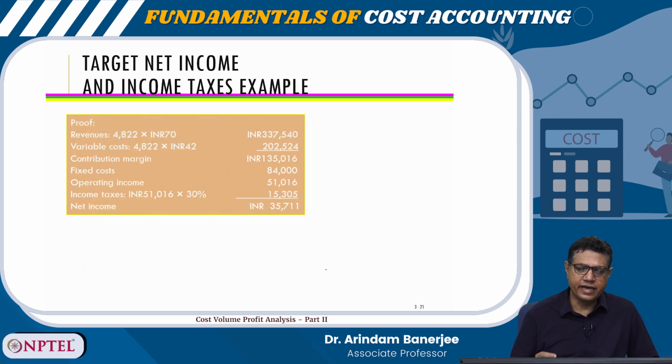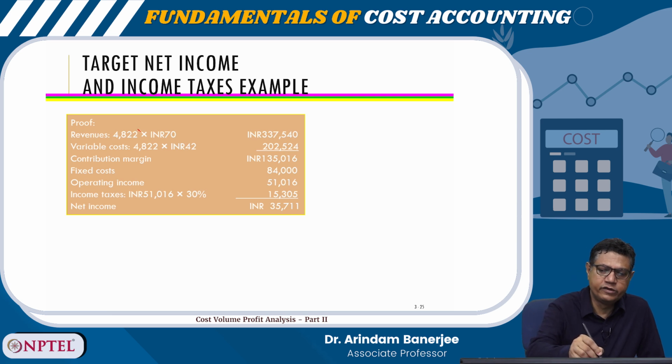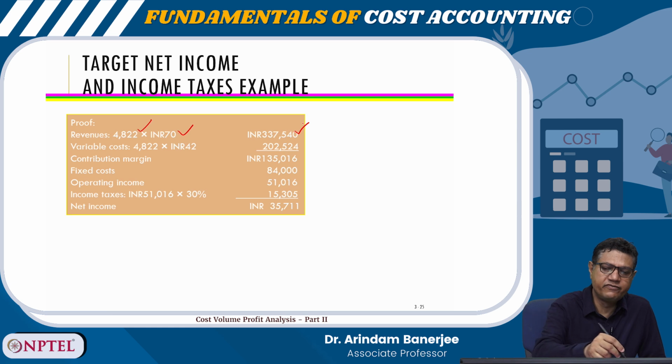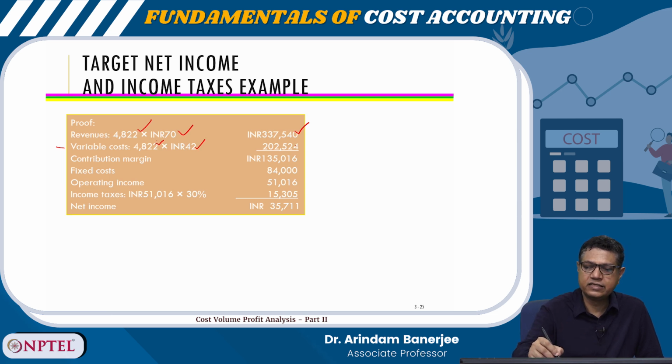I can also see the proof, right. If I calculate directly, revenue is 4,822 into 70 rupees, where 70 rupees is the selling price per unit. So it comes to rupees 3,37,540, minus variable cost, 4,822 units into 42 rupees, which comes to 2,02,524.